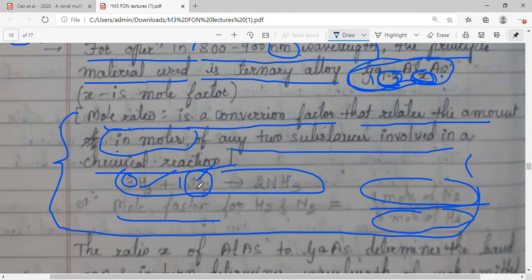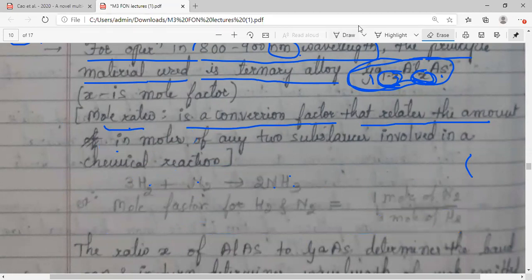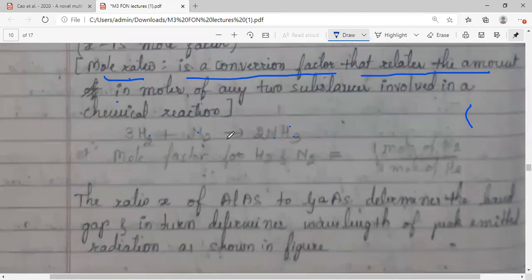So how much amount of those elements are getting into the reaction, how much they are involved in the reaction, that information is got by this mole factor or the mole ratio. Similarly, you can see you have 1 minus X and X for gallium and aluminum. So you can get what is the aluminum and what is gallium, how much amount, in terms of moles, of these substances are involved in the reaction. That is your mole factor X.